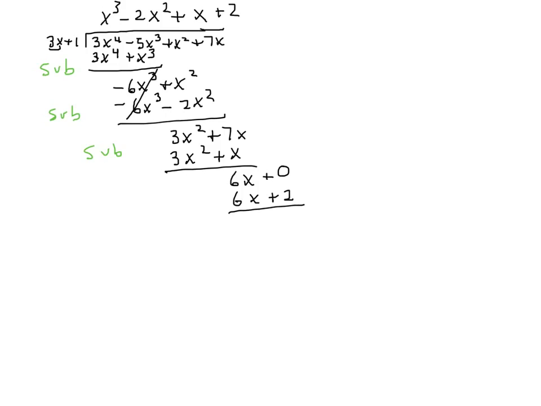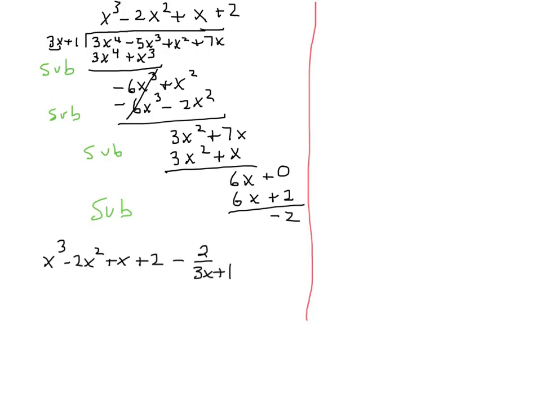And so when you subtract, you get negative 2. And so your answer is x to the 3rd minus 2x squared plus x plus 2 minus 2 over 3x plus 1.